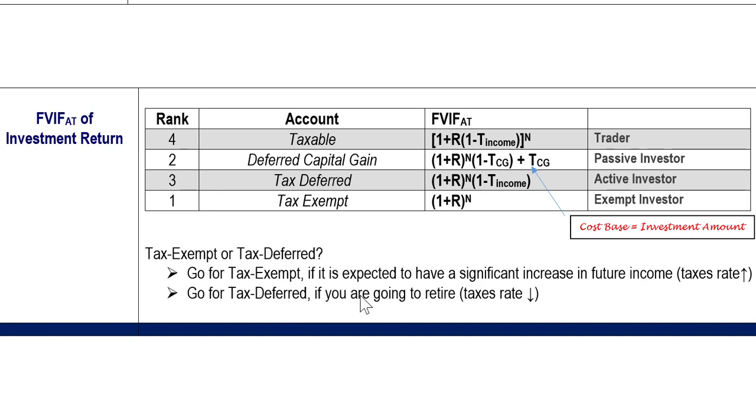Now, if you are going to retire, because your total tax rate has become lower, it's better to go into the tax deferred account, because once you retire, all the return from your retirement account becomes income source. So it's going to defer your income tax. Use the income tax deferred account to save your tax.